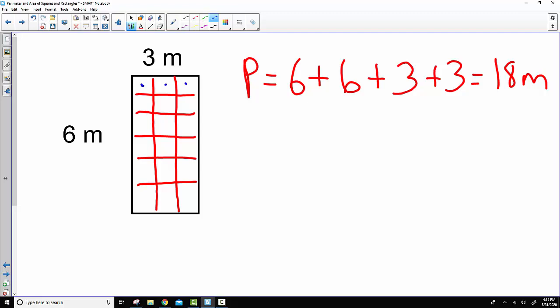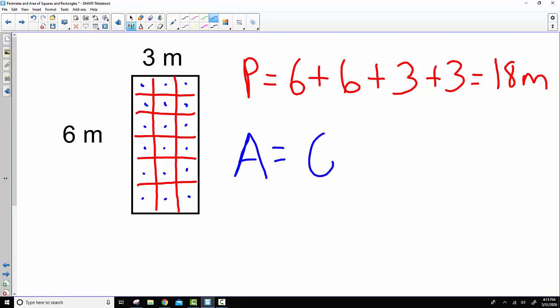1, 2, 3, 4, 5, 6, 7, 8, 9, 10, 11, 12, 13, 14, 15, 16, 17, 18. There are 18 square units. If we use our formula for area, length times width, we will find that there are 18 square meters.